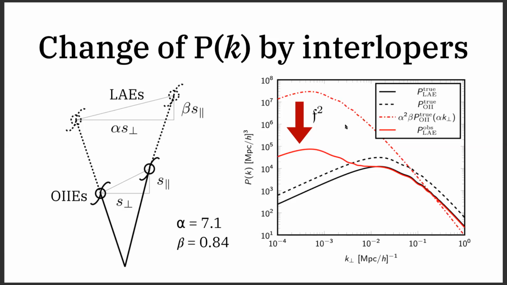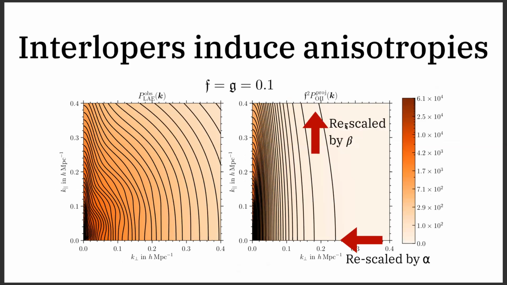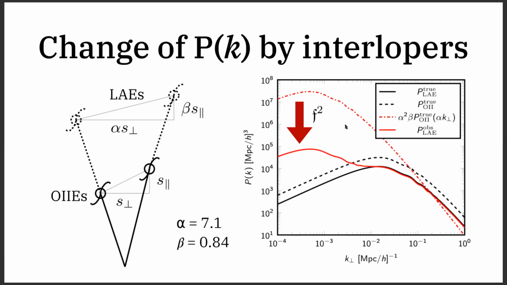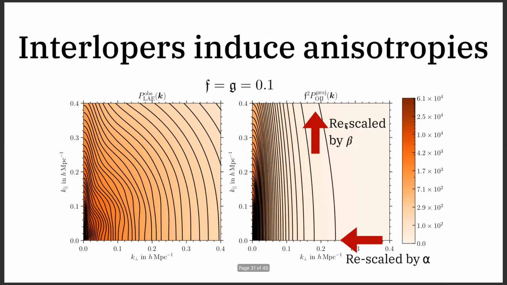But luckily, this signal depends on the angle, so it doesn't actually fool us as an FNL signal. Okay. And this, because of alpha and beta, they are highly anisotropic. The transverse direction is a factor of 7, the line of sight direction is a factor of 1. So that generates anisotropic distortion on the power spectrum, okay?